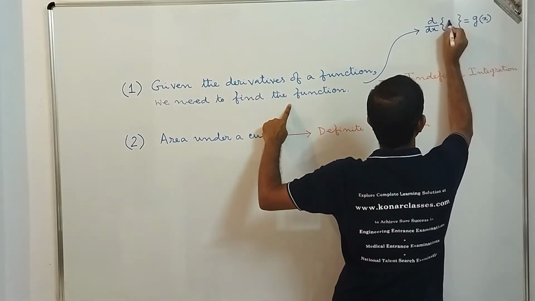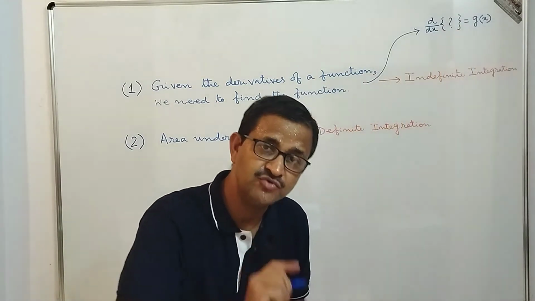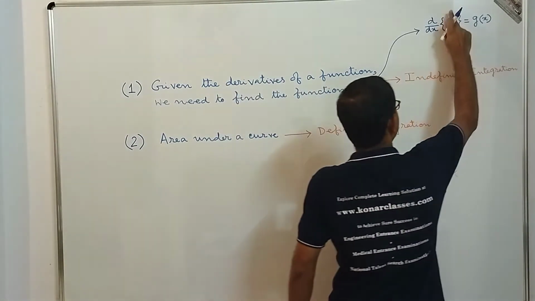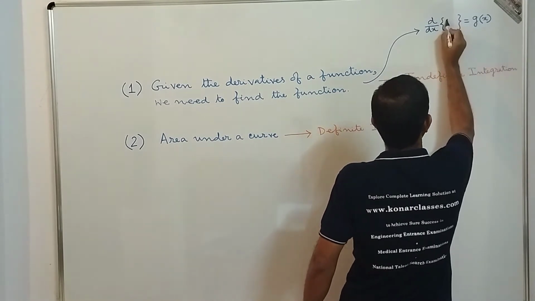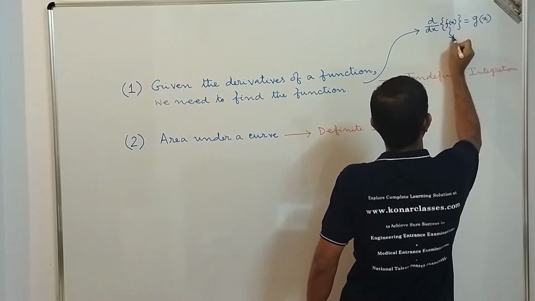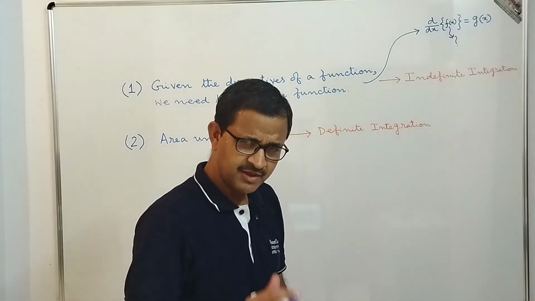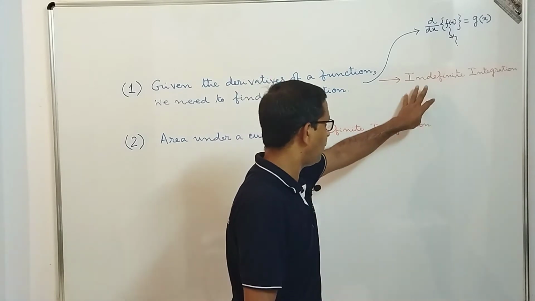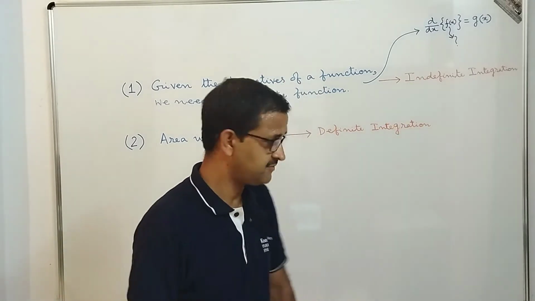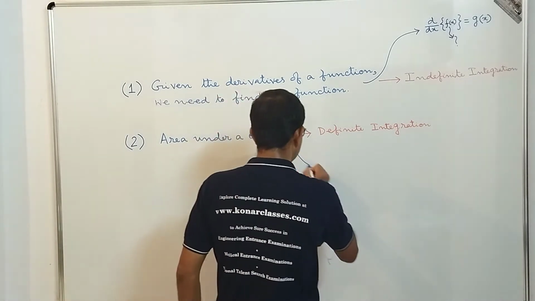If this function is f(x), that is the function we need to find, and that is the part of indefinite integration. In a few minutes, I will tell you why the word indefinite has been used. And area under a curve, what does it mean?